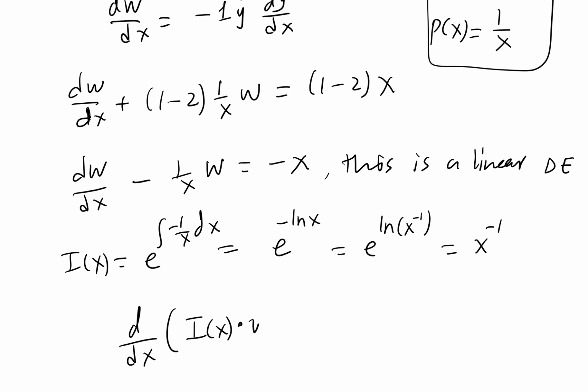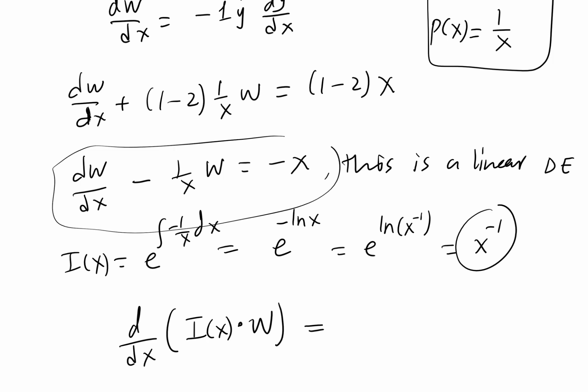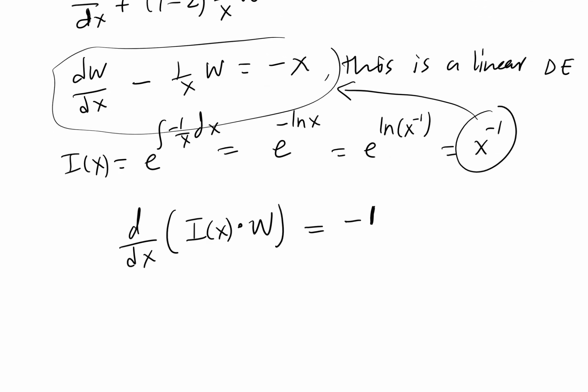Here it's not y, it's a w, equals whatever is going to go here. If we multiply this equation by this, that's going to give us negative 1 on this side. So d/dx of x to the negative 1 w is negative 1.